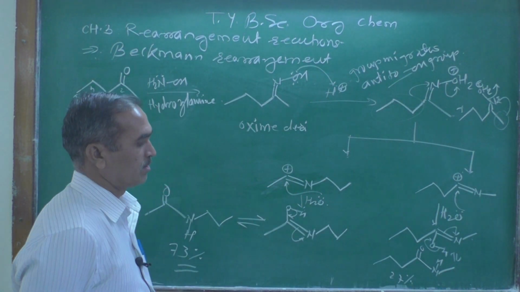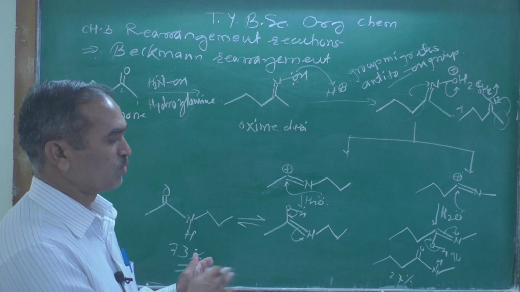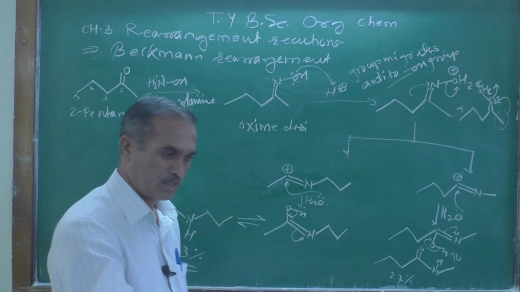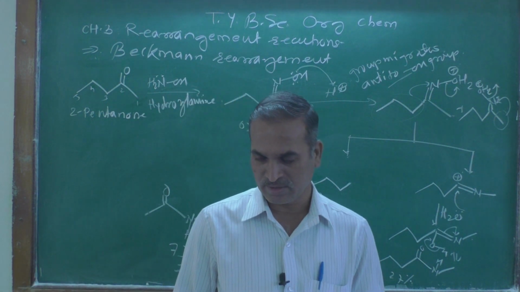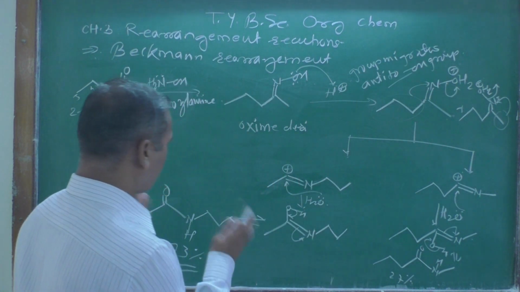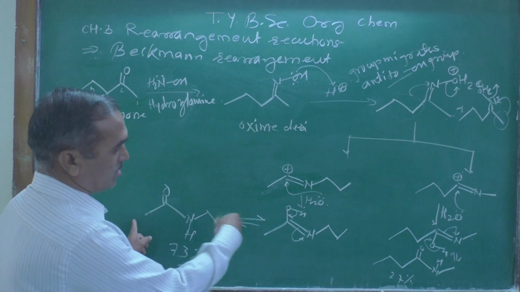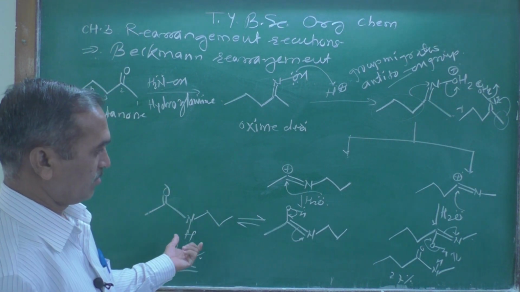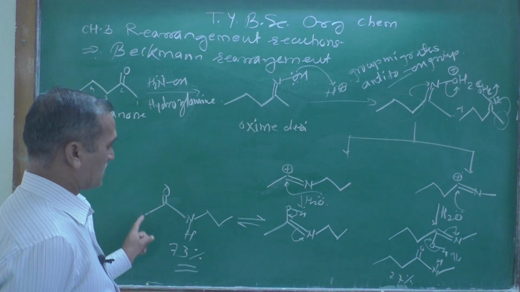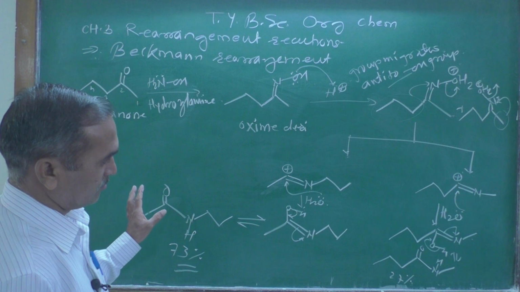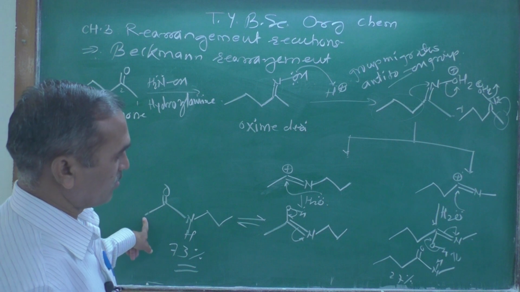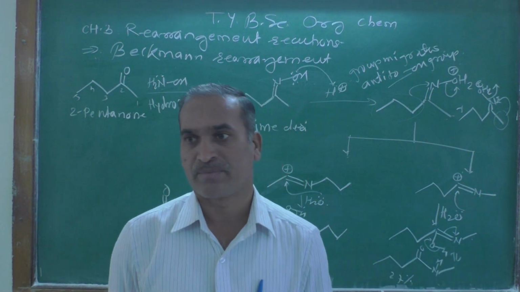How do you distinguish between these two? While studying spectroscopy, at that time we can clearly distinguish them by using NMR spectroscopy, because the signal we get for this methyl group is different from this one.